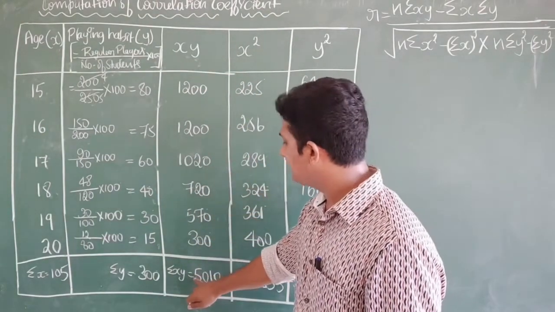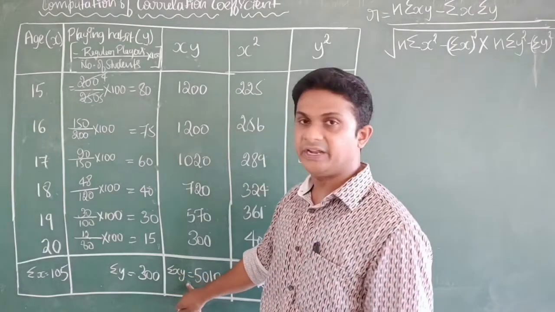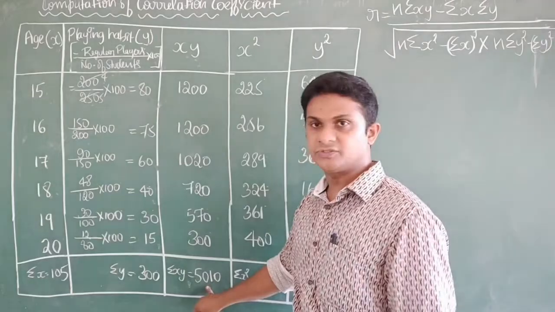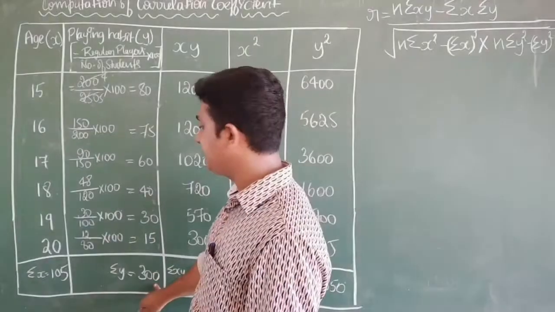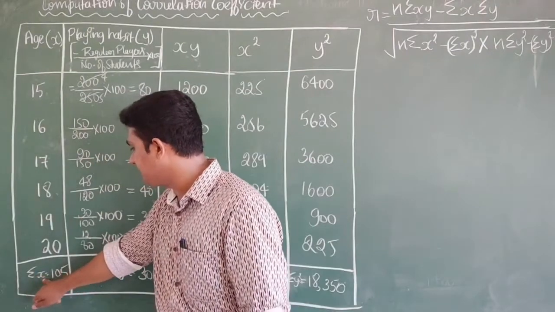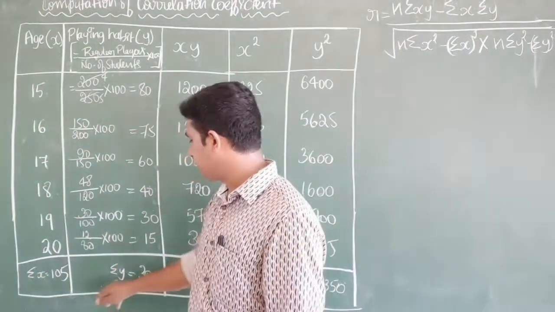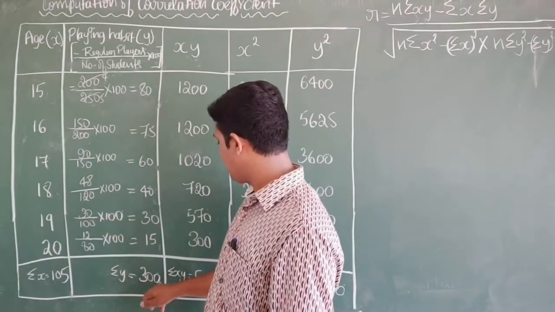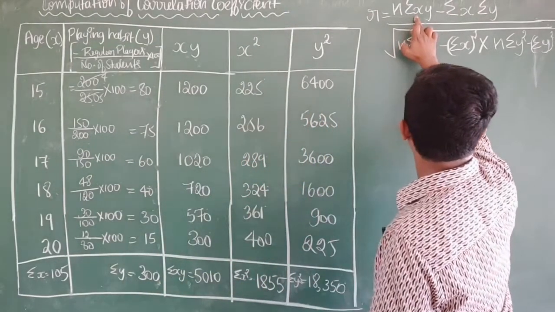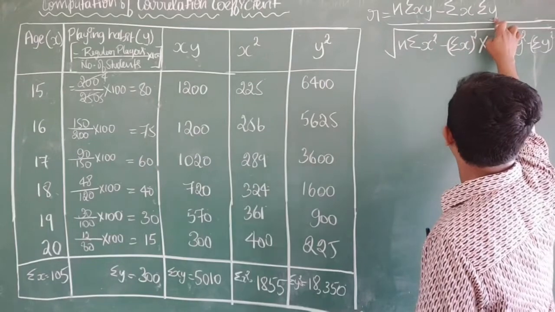Then I am adding this up to find sigma xy. So that is 5010. Similarly, here we need sigma y and sigma x. That is also added up to get sigma x of 105 and sigma y of 300. So once sigma xy, sigma x and sigma y are done.